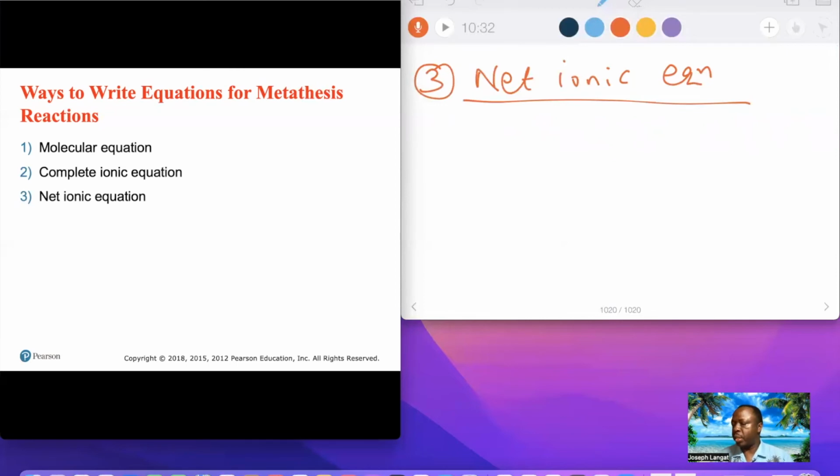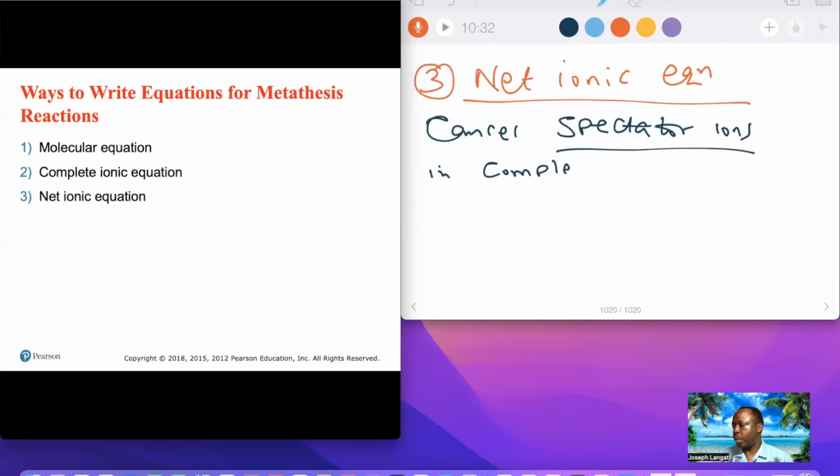Note here is you cancel spectator ions in the complete ionic equation. So we need to remove the spectator ions, and whatever will be left in the equation will be the net ionic equation.